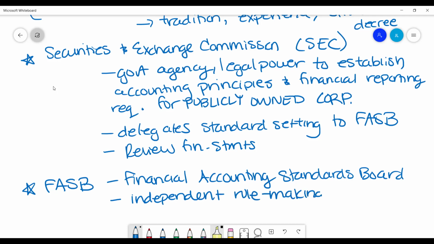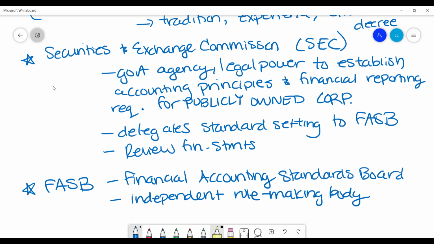So remember, these public companies have to follow all these financial reporting standards, right? Those reporting standards really come from the SEC, but the SEC basically said instead of us having to do it, we enforce it, right? We enforce those standards.